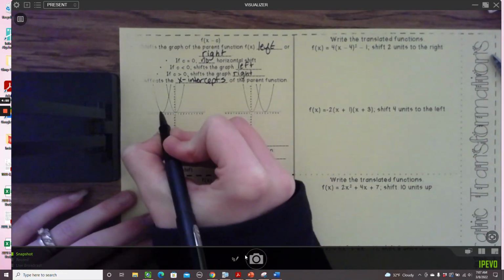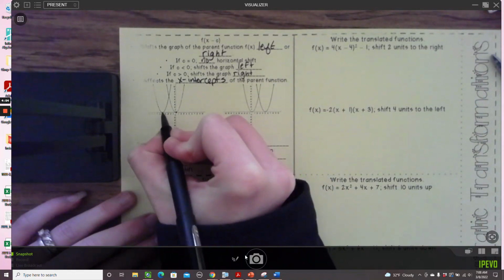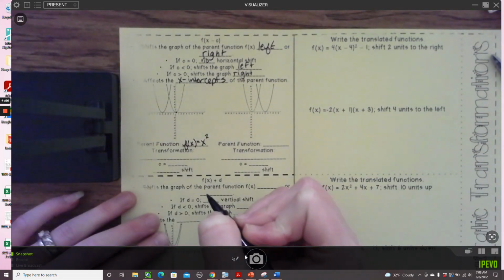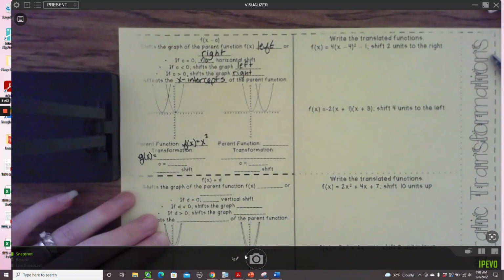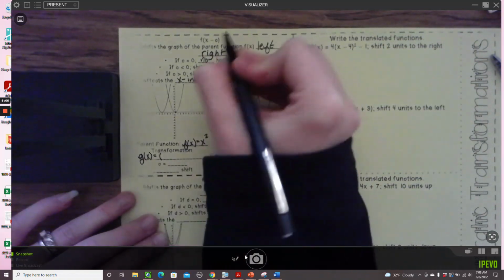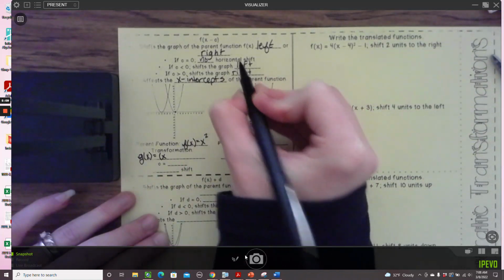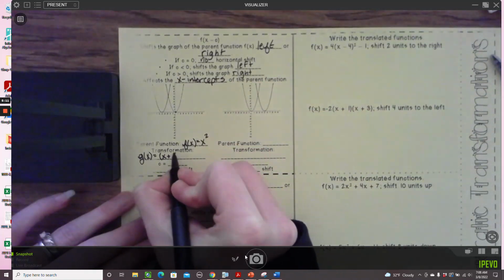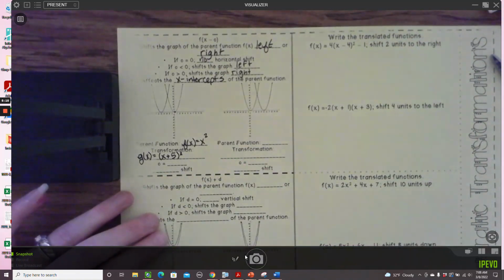So the transformation here, I took this function, if I look at the vertex, I shifted it to the left 5 places. So my transformation would be g of x equals, so this goes inside the parentheses, and if I'm going left, I'm adding, and then that's still squared.